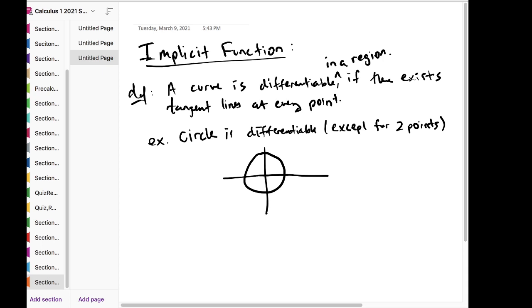So first of all, why is it differentiable? Because it makes sense to talk about a tangent line for most places, right? Well, where is it weird to talk about a tangent line? What's the awkward point here?